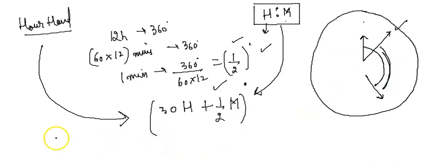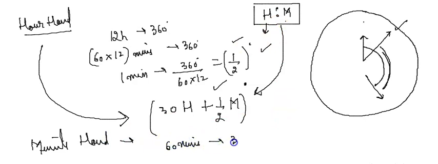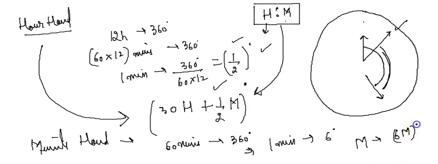So what will be the angle traced by the minute hand of that clock? The minute hand will cover 360 degrees in 60 minutes. So we can say in 1 minute it will cover 6 degrees, and in M minutes it will cover 6M degrees. So this will be the angle traced by the minute hand and this will be the angle traced by the hour hand. But we need to find the angle between these two hands.